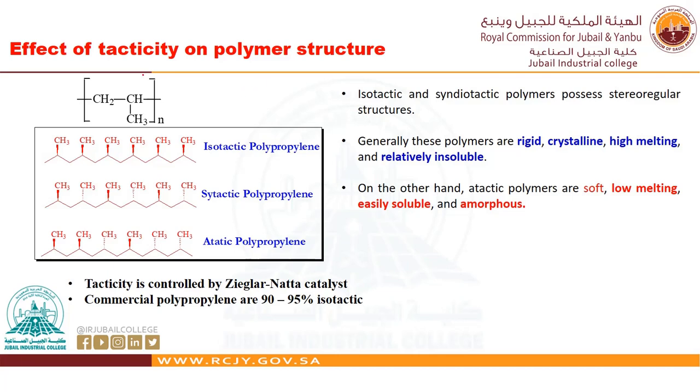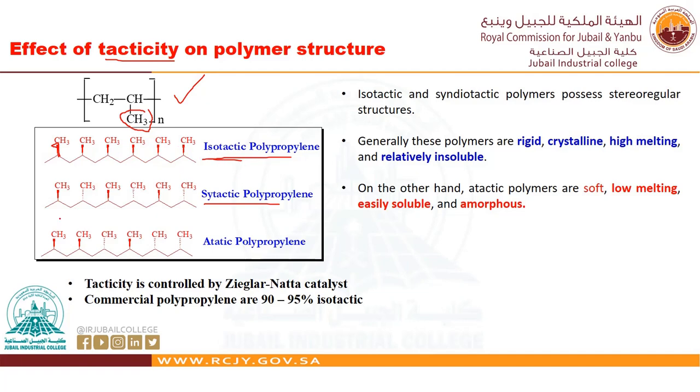The next is the effect of tacticity, and here I've chosen another common polymer, which is the second most common polymer, polypropylene. Polypropylene is a vinyl polymer that has CH3 as a pendant. Now, the arrangement of this CH3 within the polymer backbone can lead to three different orientations. It is called isotactic if the CH3 groups are all on the same side, either all up or all down.